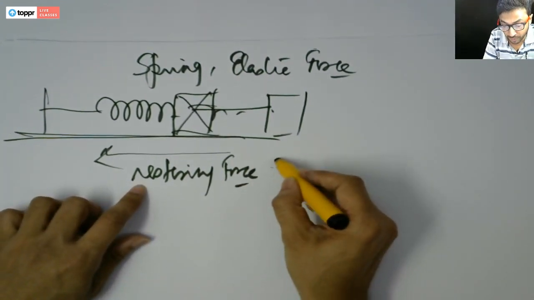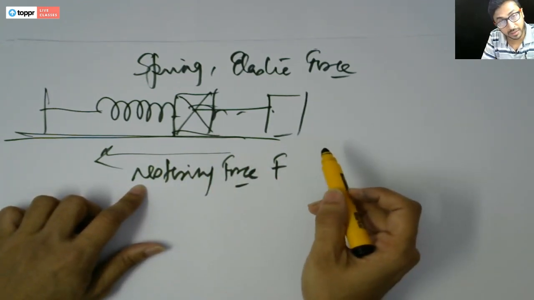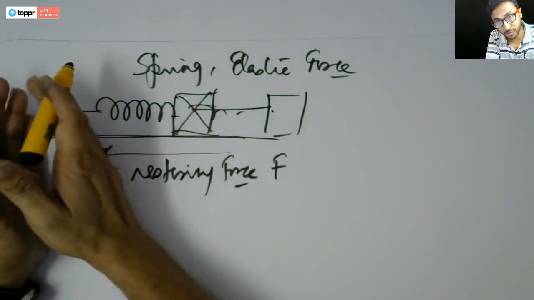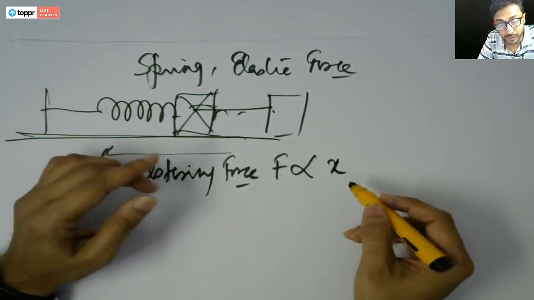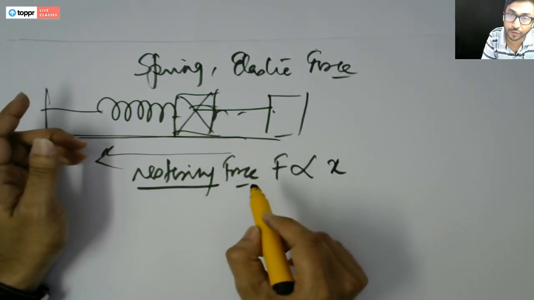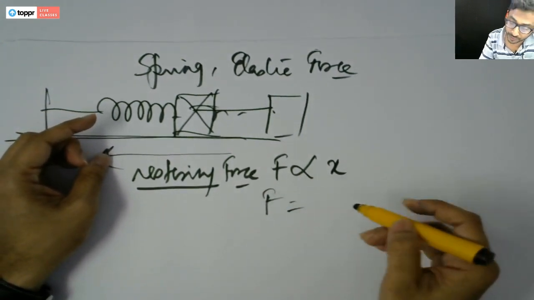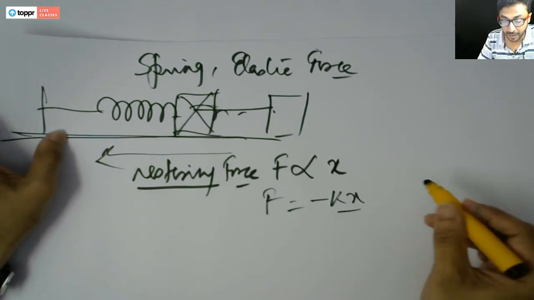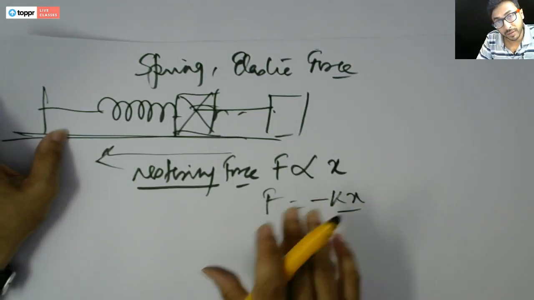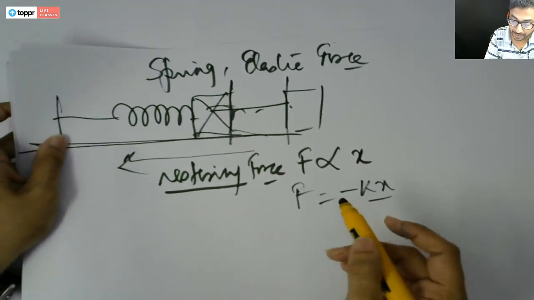And this restoring force F is actually proportional to the displacement, or to the extension. And as it is a restoring force, the force is directed opposite to the displacement. So we can write F equal to minus kx.